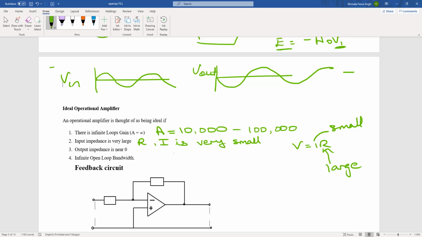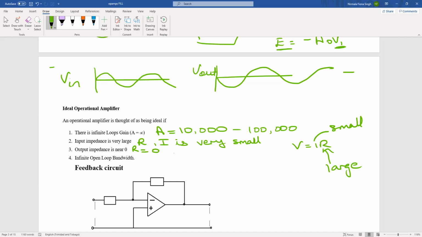The output impedance is near zero. Well, that makes sense. The resistance coming out of your circuit should be so small because you want to allow all your signal to pass through. Of course, we do have output resistance. This is something a little different.